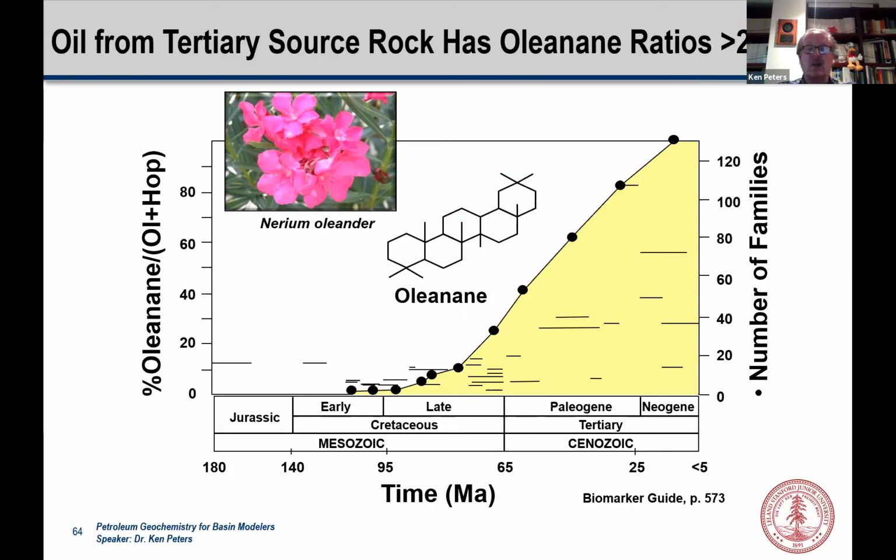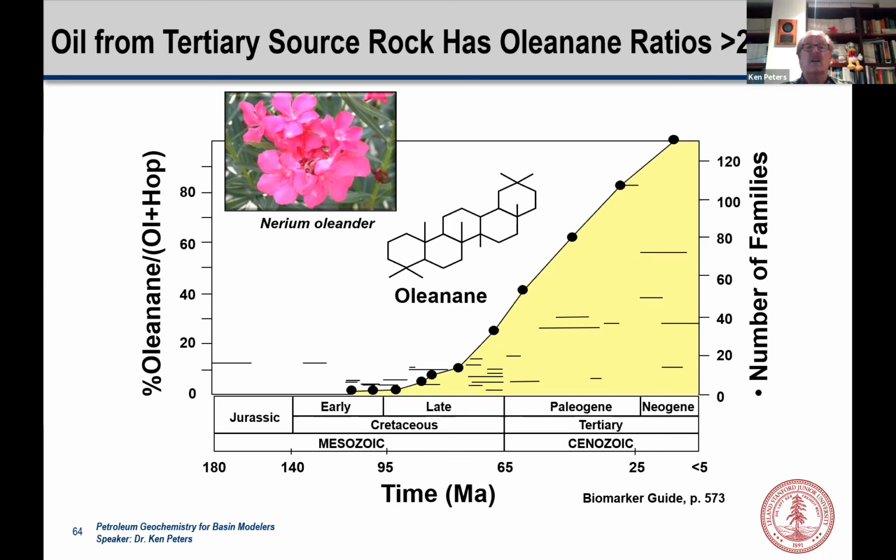And by and large, there are a lot more bars on here than I show. These are the uncertainties in the age of the source rock for each of these oils. But you can see if you have an oleanane to oleanane plus hopane ratio greater than 20%, it's pretty certain that you've got a tertiary source rock there. So this is an age-related or age-diagnostic biomarker ratio.